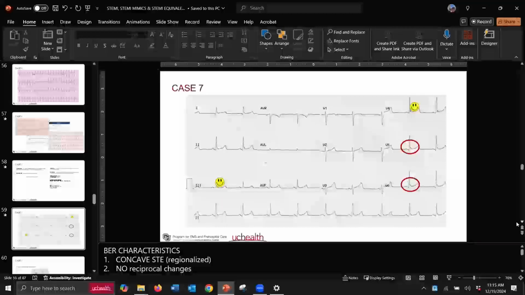STEMI. Really? Mimic. Everybody in here stick a mimic or going STEMI or going equivalent? Come on, hang your hat on something. Step up there. Textbook. Justin says early repol. Textbook.